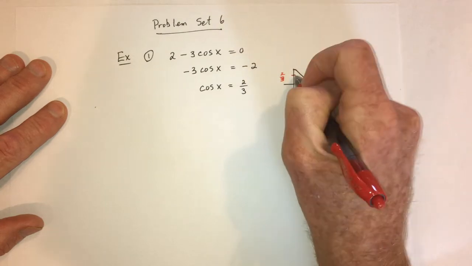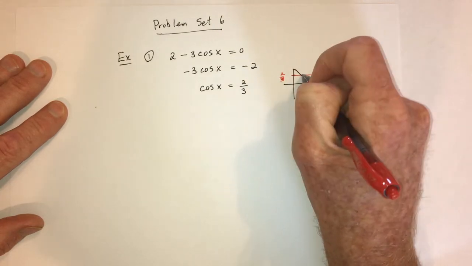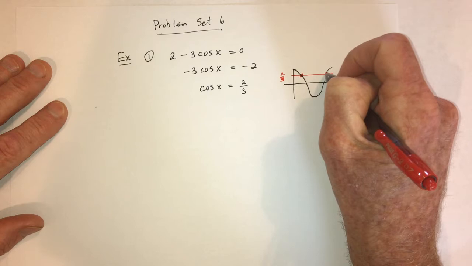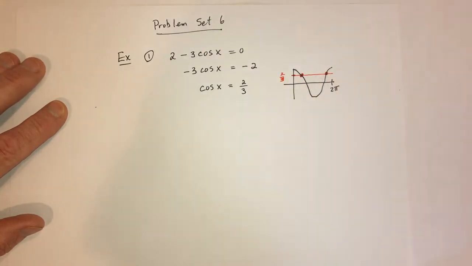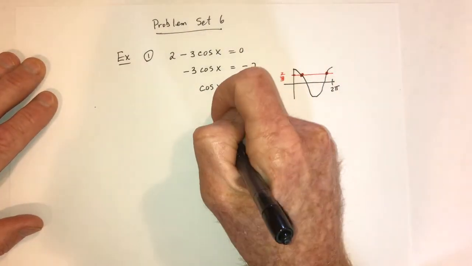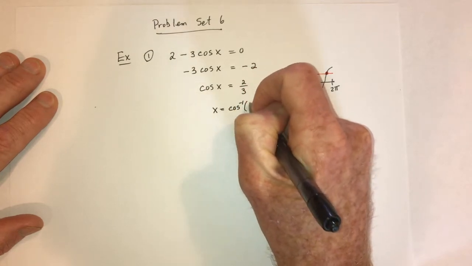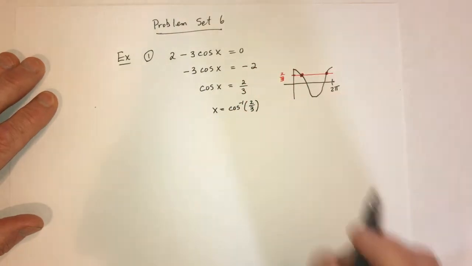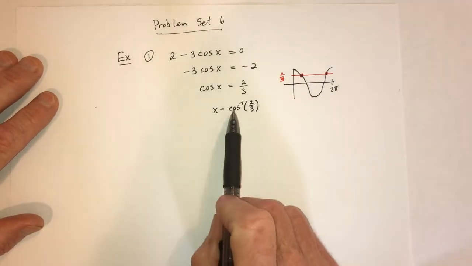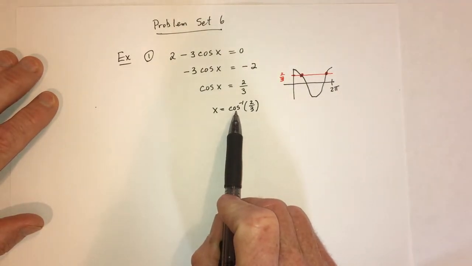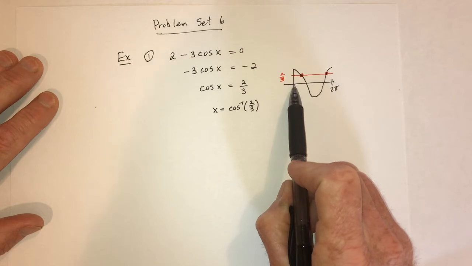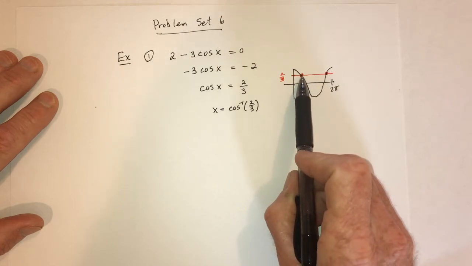And then if you draw a line straight across, there's going to be 2 solutions. The first solution comes from the calculator when you find cosine inverse of 2/3. When you use the calculator, it's only going to give you one solution, and it will give you the solution that is closest to the origin.